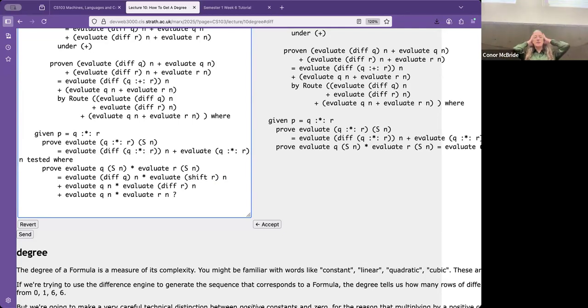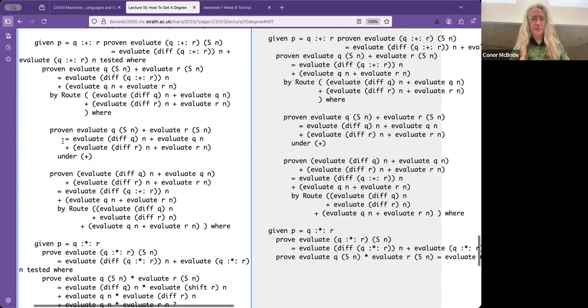Right. So what I'm going to do is I've got two induction hypotheses. What do they tell me?